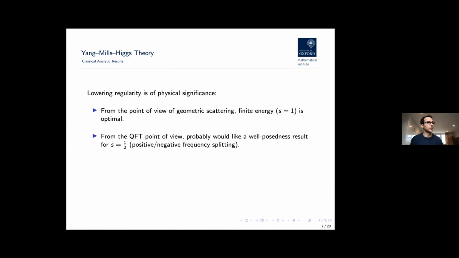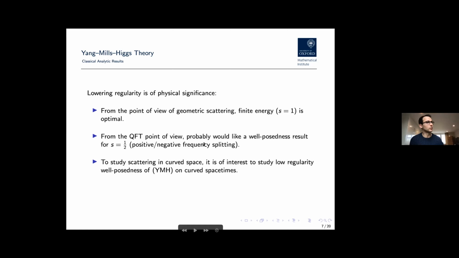But from a quantum field theory point of view, we would probably like to go down to S equals 1/2, which comes from a positive negative frequency splitting argument. And so this is conjectured to be very difficult. If I'm not wrong, S equals 1/2 is the critical case there. So I don't think there are any results about that yet.